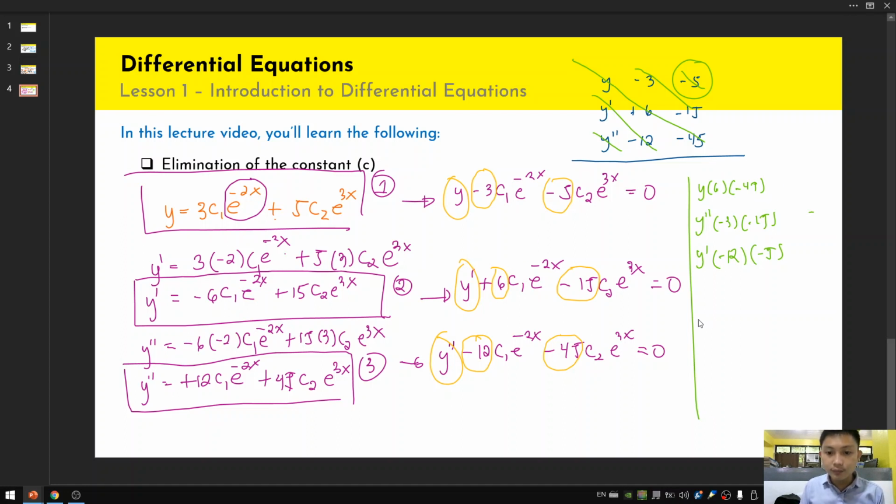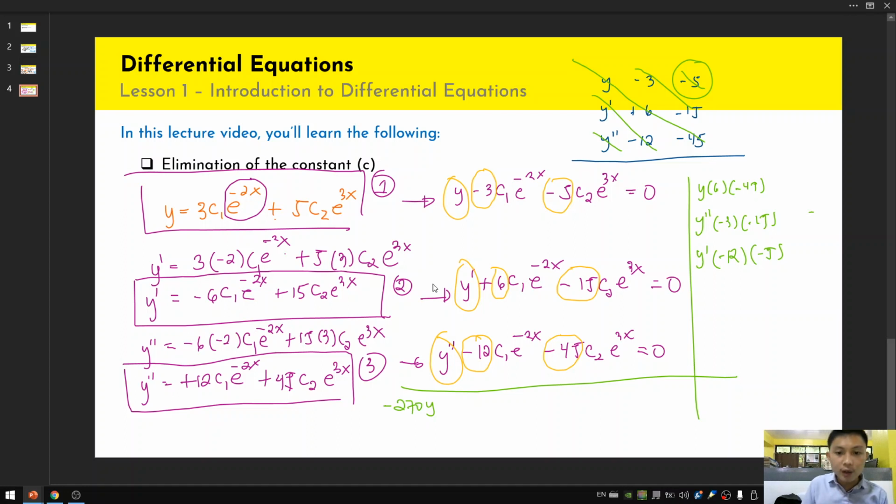So we have negative 270 y. I'll just write it below. Okay, so this one, we have negative 3 times negative 15.